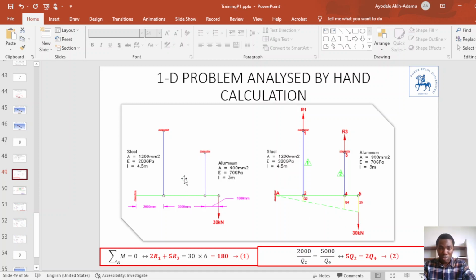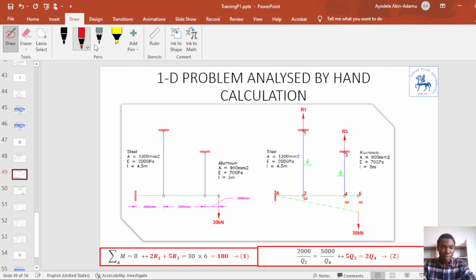So what you see on my screen is an AutoCAD sketch of the 1D structural problem. And on my right, this part of the drawing, we see that when the 30 kilonewton load is applied at node 5, we assume that the beam rotates.